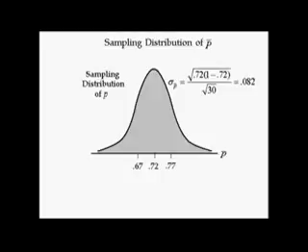But we want to know the probability of being between 0.67 and 0.77.